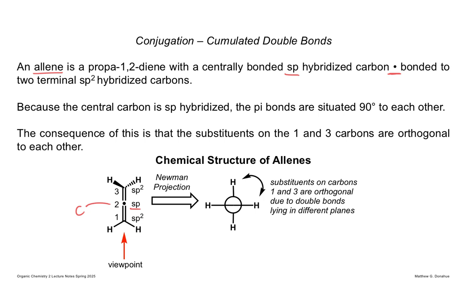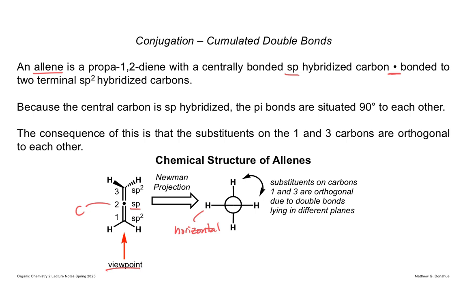And as I mentioned prior, as you're moving along from carbons 1 to 2 and then 2 to 3, since they're accessing different p orbitals of the pi bonds, the plane in which those hydrogen atoms sit shifts 90 degrees. And so as you can see from the viewpoint, if you're looking at a Newman projection through that carbon atom at 1, the atoms on carbon 1 would lie horizontal.